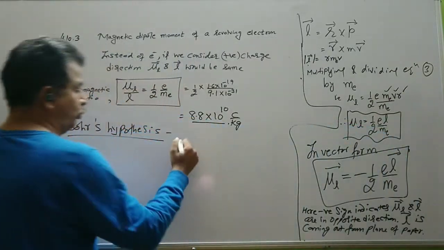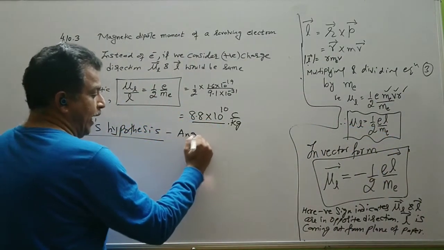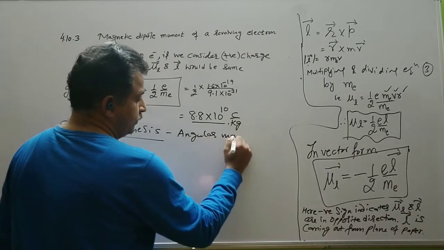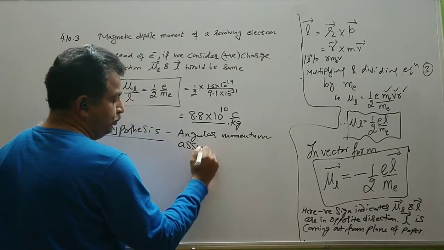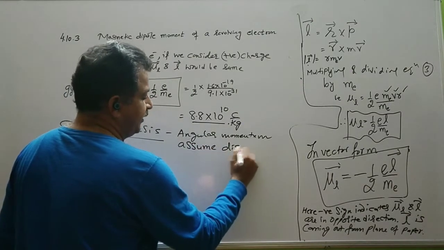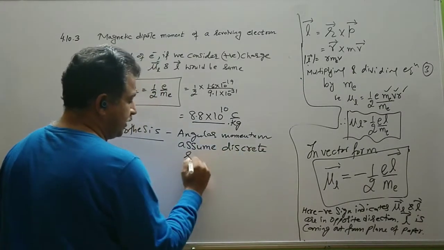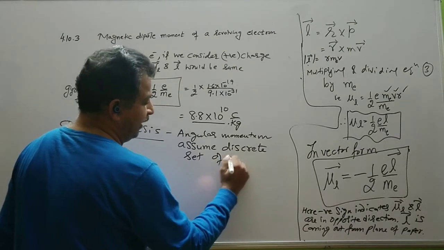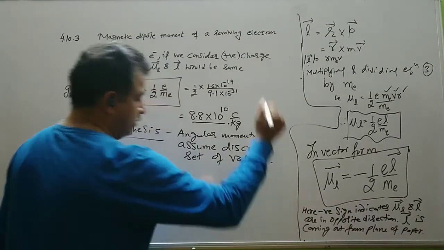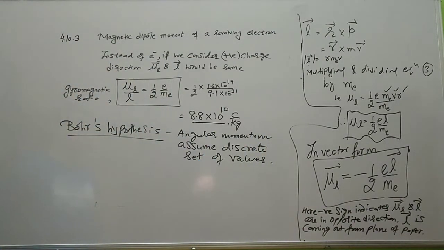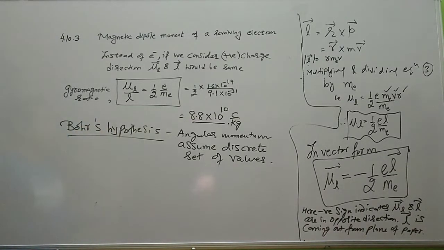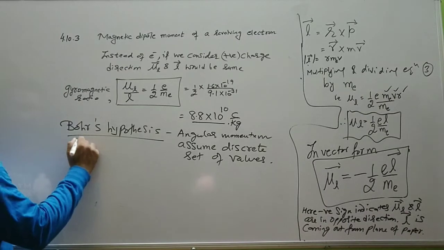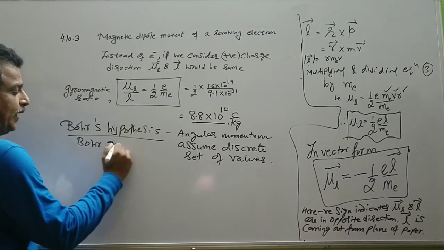So according to the Bohr hypothesis, angular momentum assumes a discrete set of values, and that was the Bohr hypothesis, or you can say it is the Bohr quantization condition.